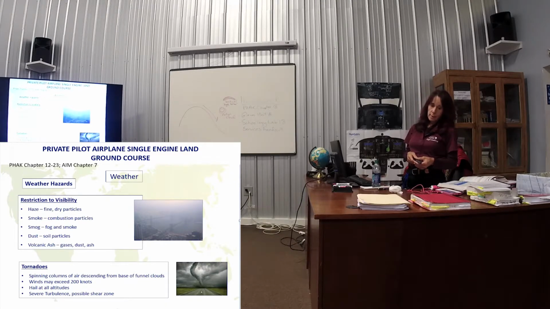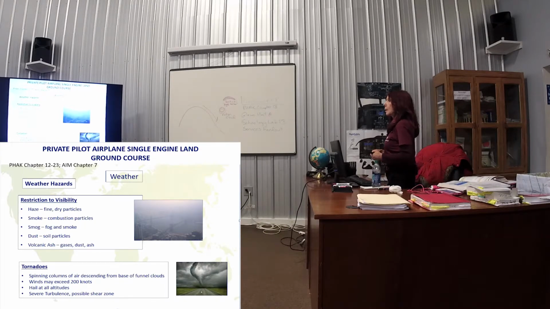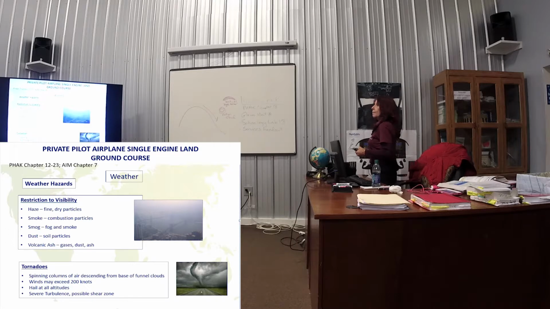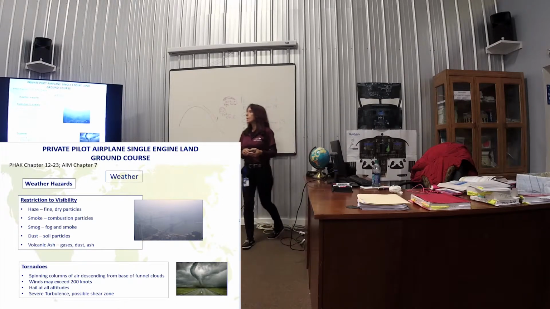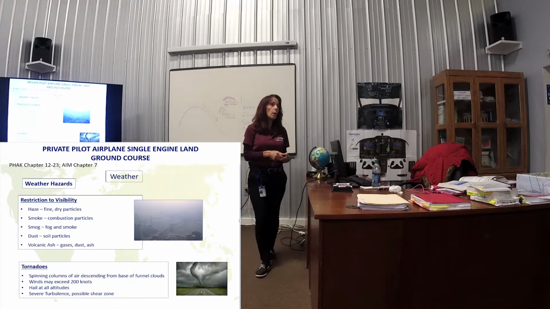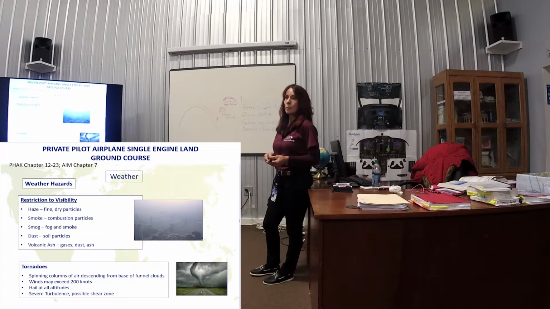Definitions. Haze. The definition of haze is fine, dry particles in the air. So it's hazy out there. What you're saying is that we have fine, dry particles in the air. Smoke. Combustion particles in the air. The country India has combustion particles in the air all the way up to like 11,000 feet.